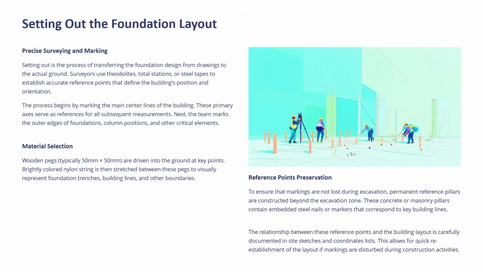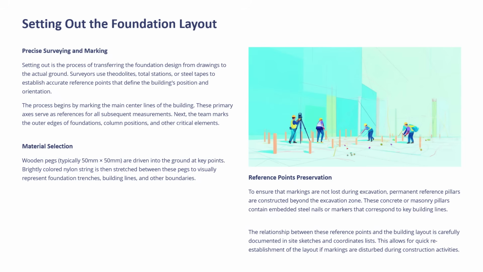So whatever drawings you have with you for foundation details, you have to plot these drawings on the site, which is called the setting out process. For this process, we generally use total stations or steel tapes as per the requirements to establish accurate reference points that define the building's position and orientation.